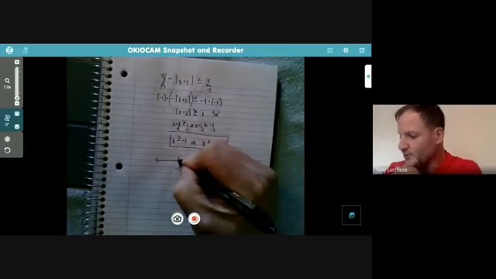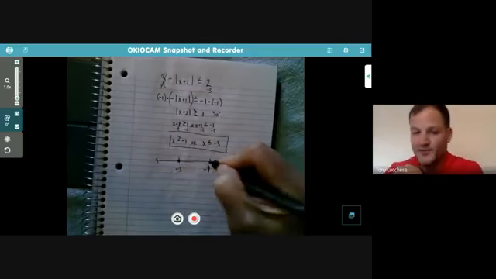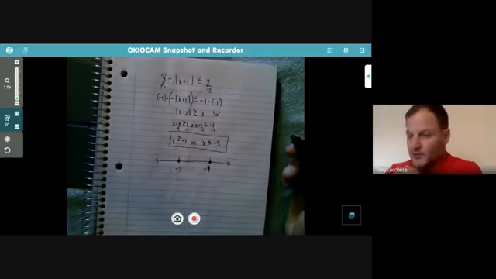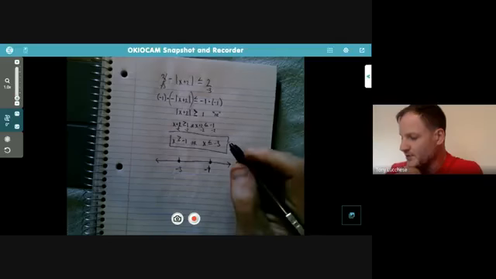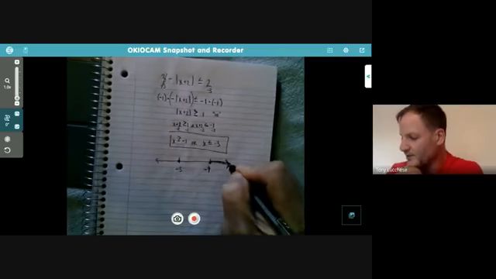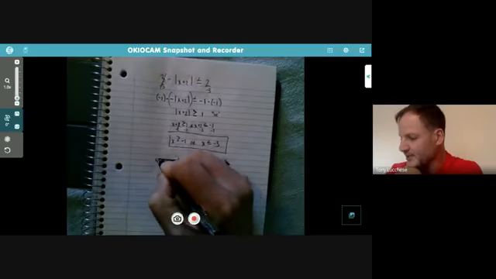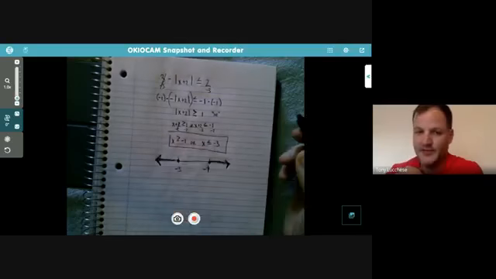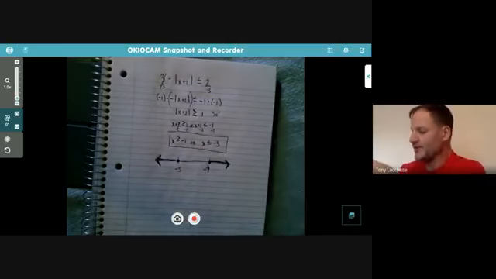We have closed circles at both of those points because it can be equal to either of those endpoints. And then we're looking where x is greater than -1 and less than -3.